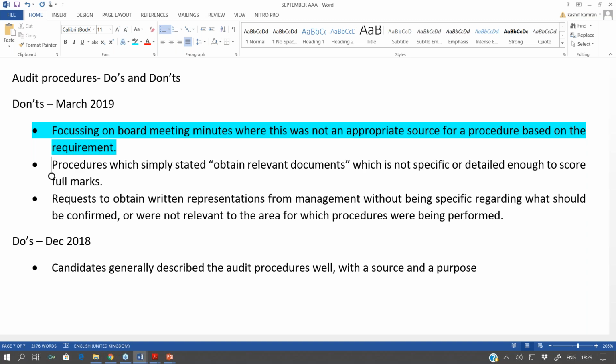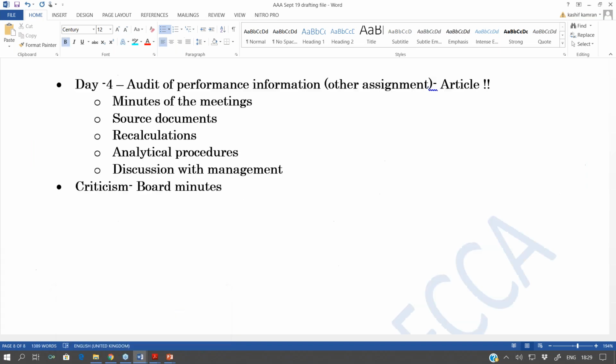You need to understand that board minutes belong to the strategic management, and strategic management will only be discussing important things relating to the company, right? The criticism of the examiner is that students fit board minutes into all contexts.